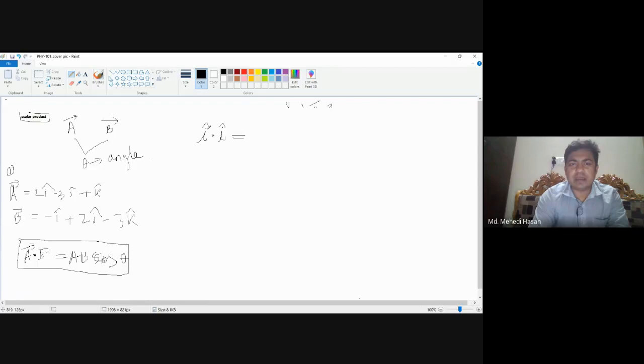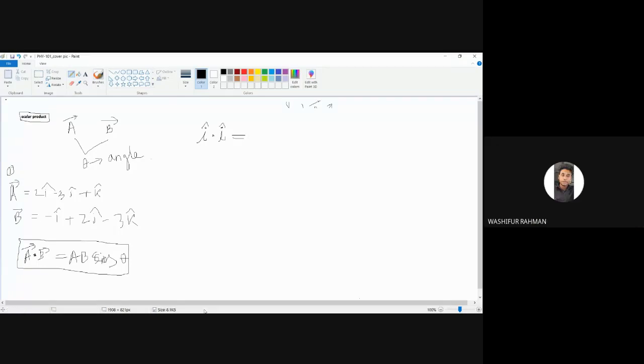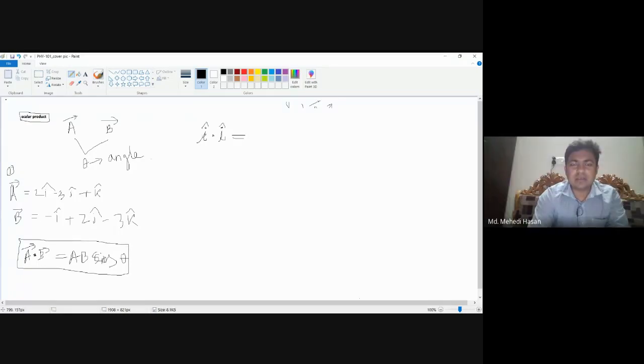So magnitude of I? Just say it. For unit vector, 1, sir. Yes, 1. So 1 into 1, and the angle between similar unit vectors is 0, cos 0.